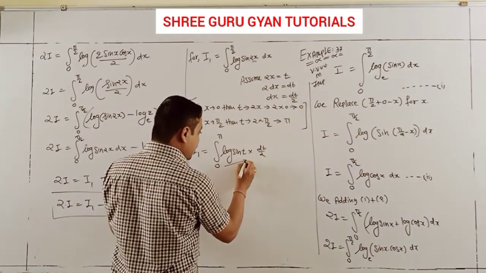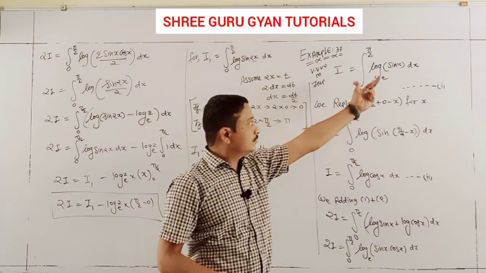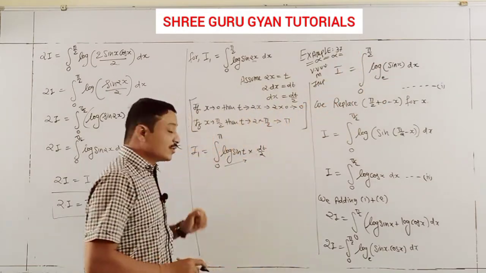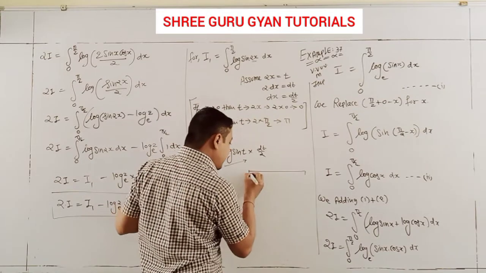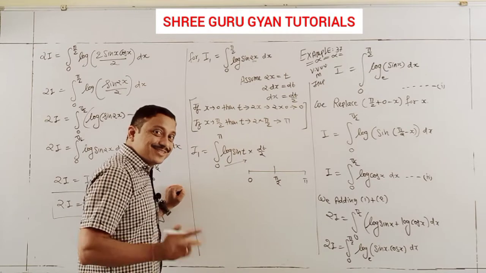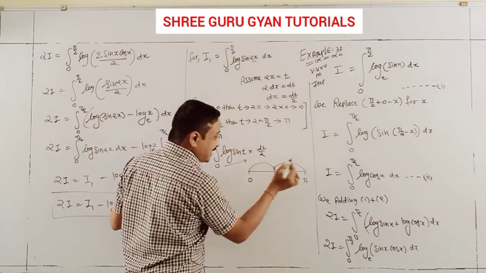Look at that, this is your question. The limit is 0 to 90, but I have 0 to pi. So can we write it down in partition? Yes, according to the third theorem, these and these are 2 times.